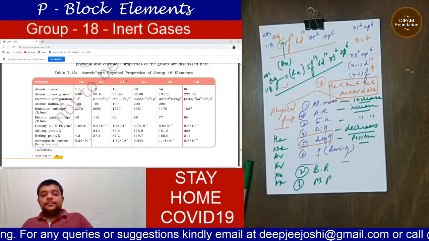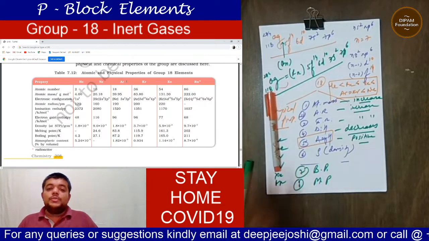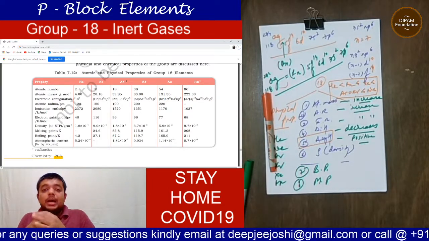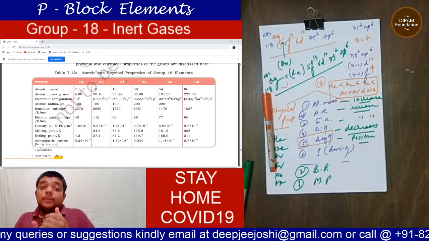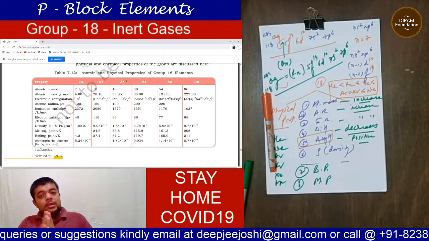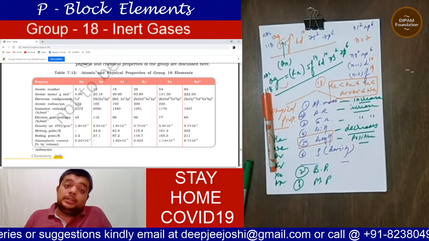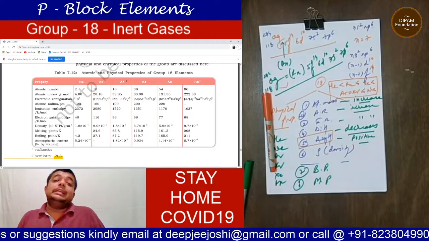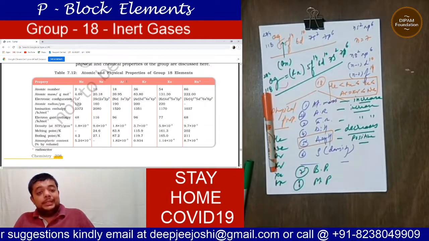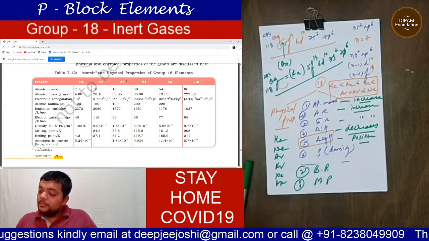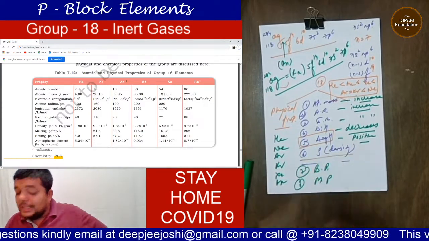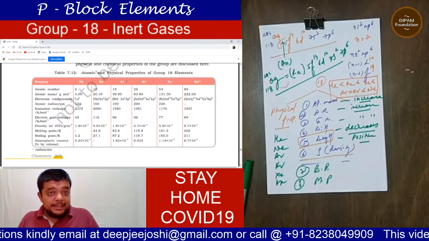So this order, helium to radon, radon to xenon, xenon to argon, argon to krypton, and from krypton it directly jumps to neon, is an increasing order in the positive values of the electron gain enthalpy of the group 18 elements. Now, coming to another important concept, and that concept is density.